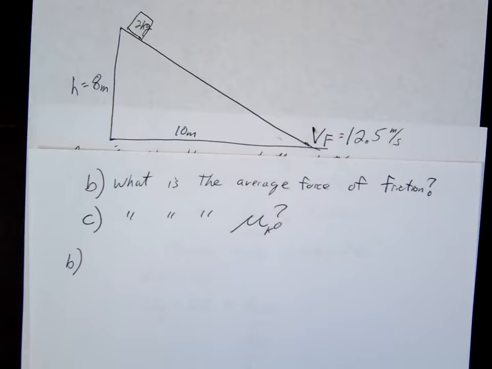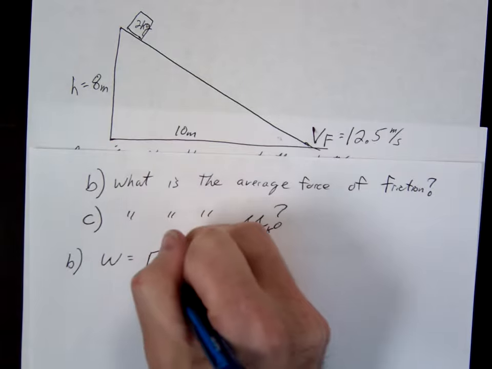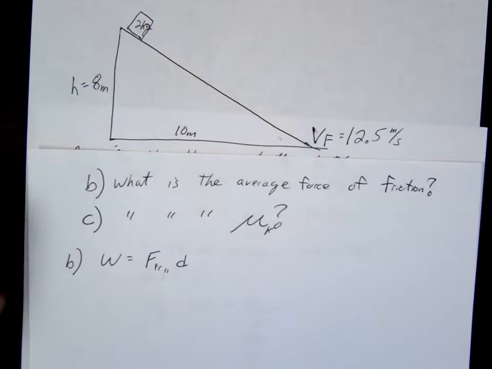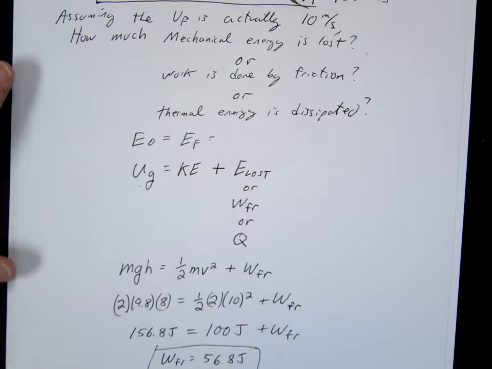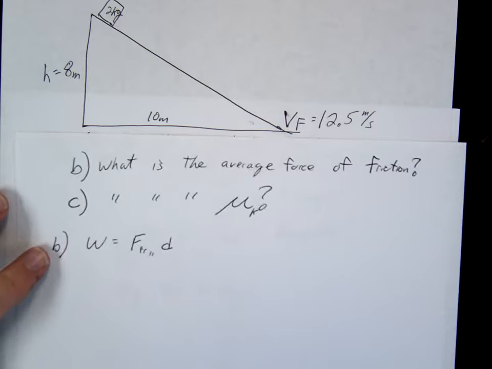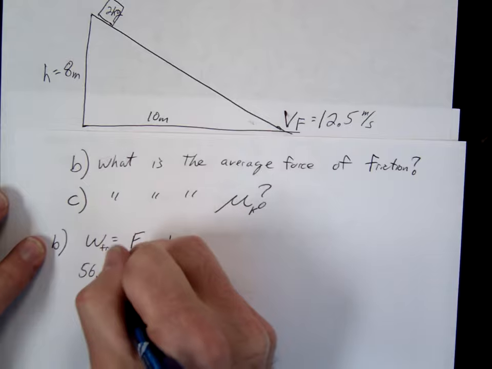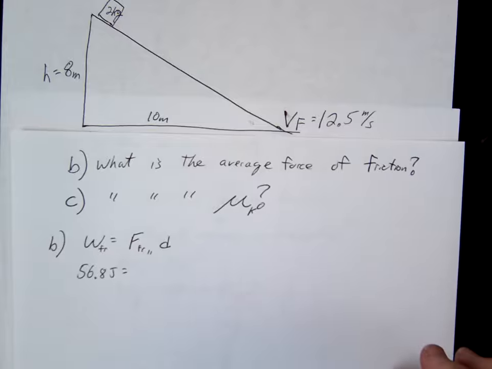So just make sure we're on the right track. If we know the work of friction, how do we find the force of friction? Work equals force times distance. Yep. So what distance am I going to use?